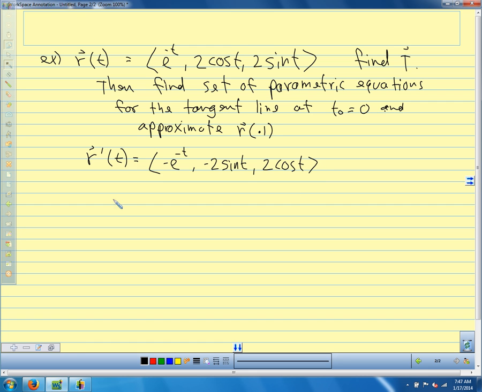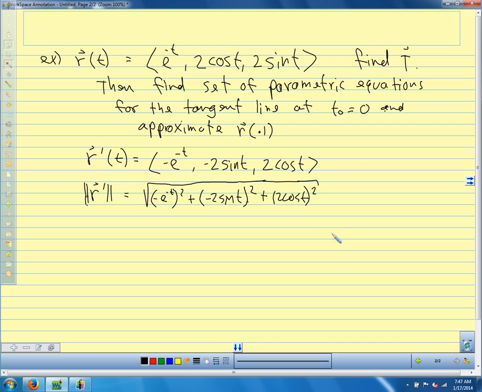And we need the magnitude of r prime. So the magnitude of r prime is going to be the square root of minus e to the minus t squared plus negative 2 sine t squared, plus 2 cosine t squared.